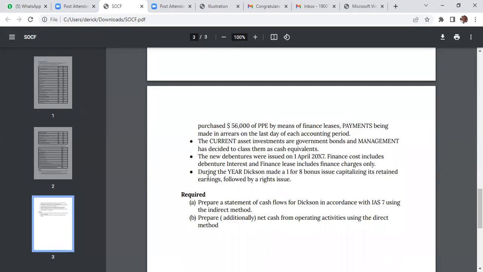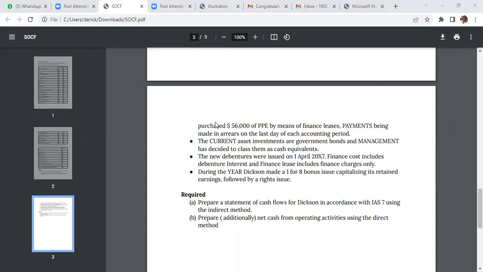So the bonus issue involves the retained earnings and the share capital, because a bonus issue has nothing to do with cash.